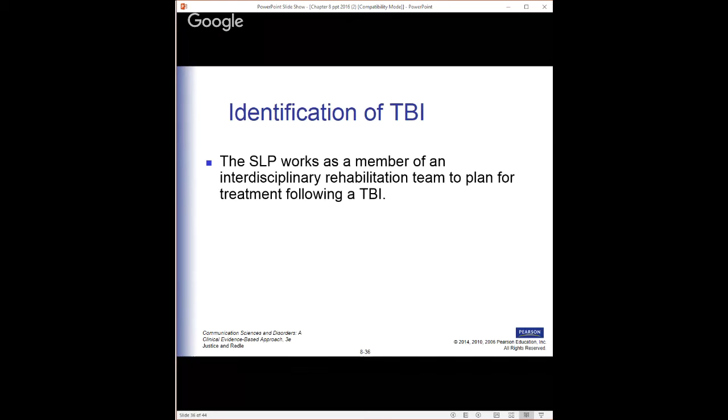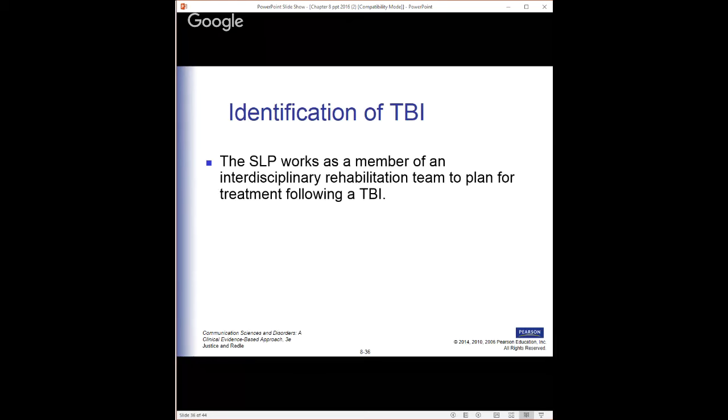The SLP works as a member of an interdisciplinary rehabilitation team to plan for treatment following a TBI. As you've probably figured out by now, with most of these more intense types of language issues, the SLP is not going to be working alone from the assessment process all the way through to treatment.